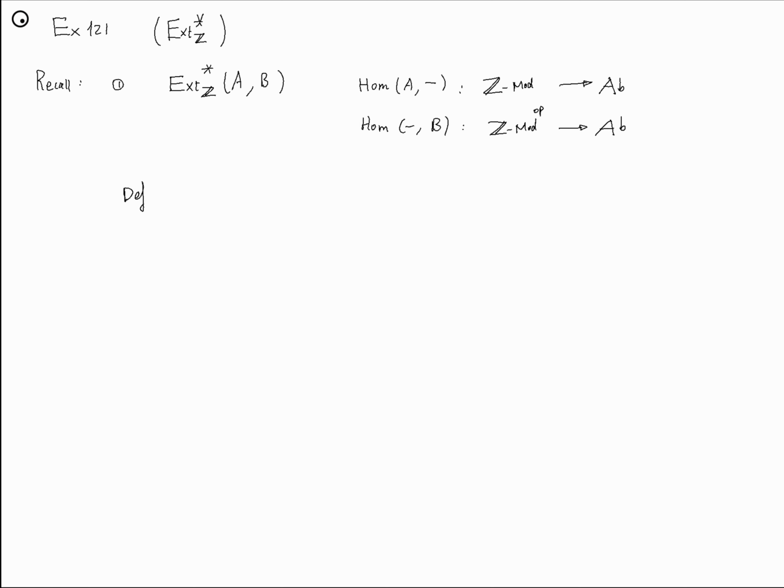Think of it in this way. Let me summarize. Ext functors for each R module A. The functor F of B defined to be, so this is a more general situation.